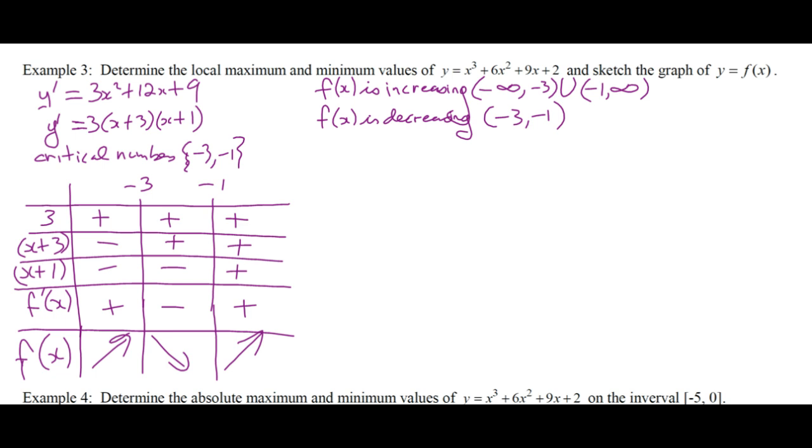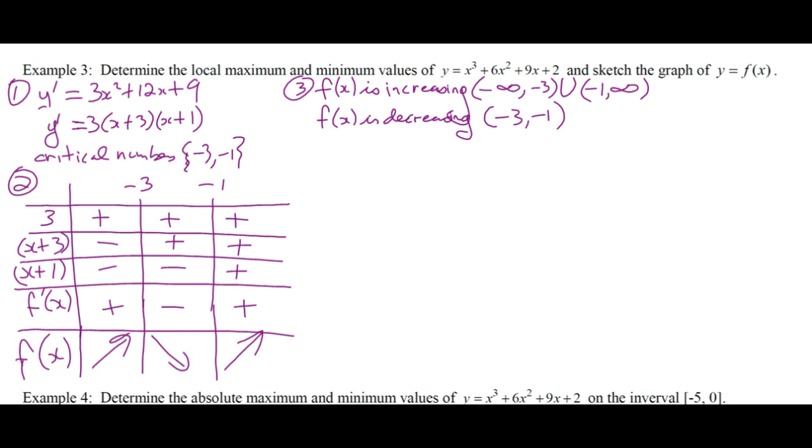So now what? Step 1, figure out the thing and get the critical numbers. Well, that's part of step 1. Step 2 is, let's do the chart. Step 3 is, let's explicitly state what's in the chart.